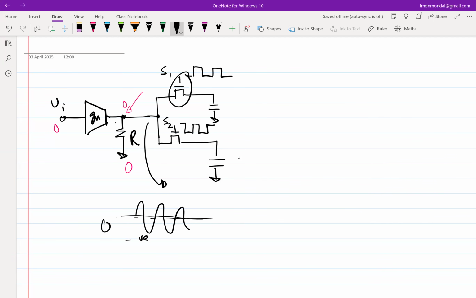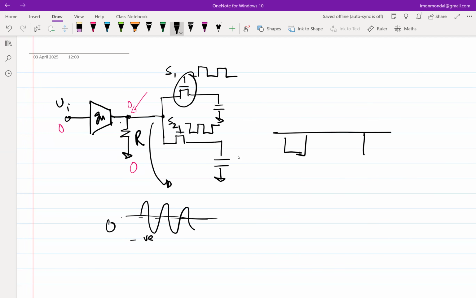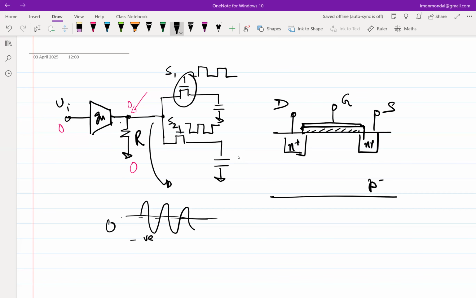Now, I assume all of you have taken at least one device course. So what is the cross-section of a MOSFET? If it's an NMOS, the gate, you can assume this to be drain or source, doesn't matter, because ultimately when the switch is on, this is supposed to be in linear region, that is, you do not expect too much voltage drop across drain and source.